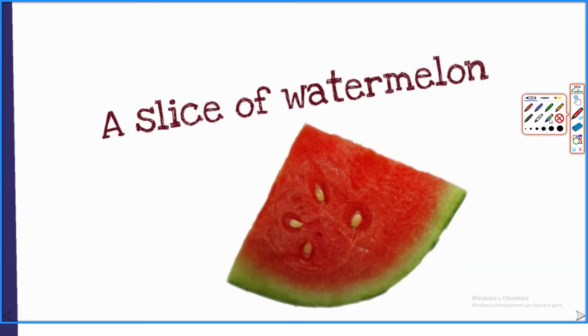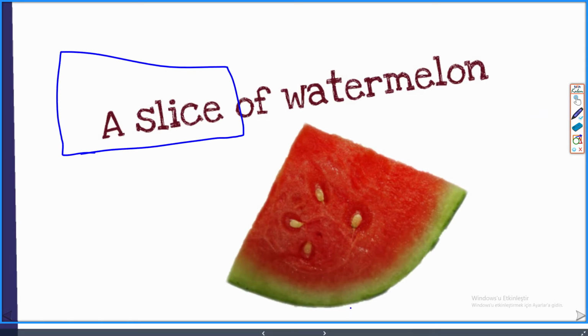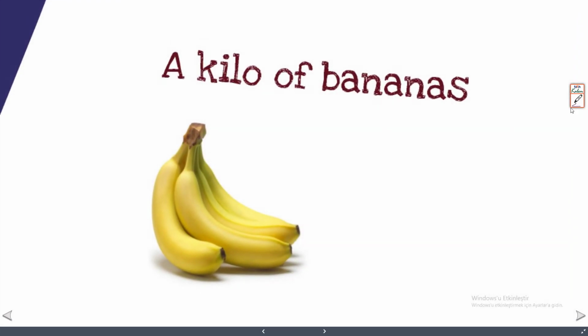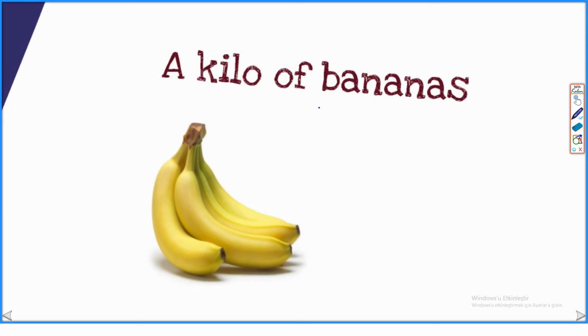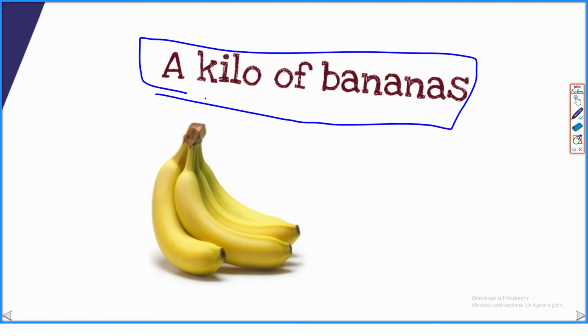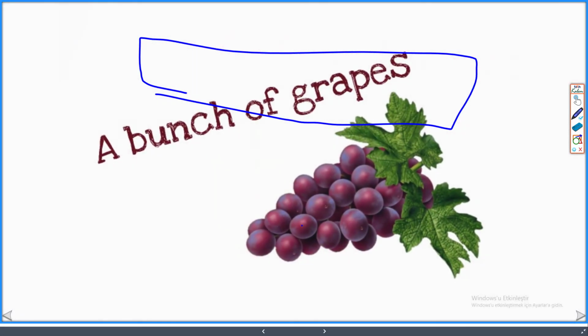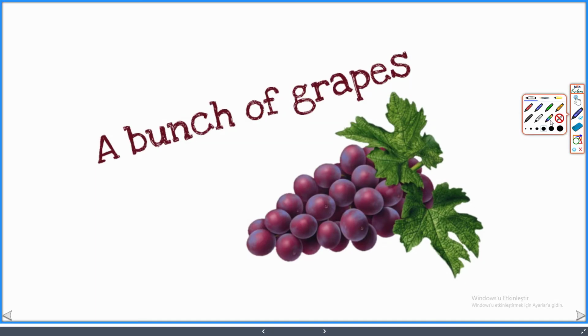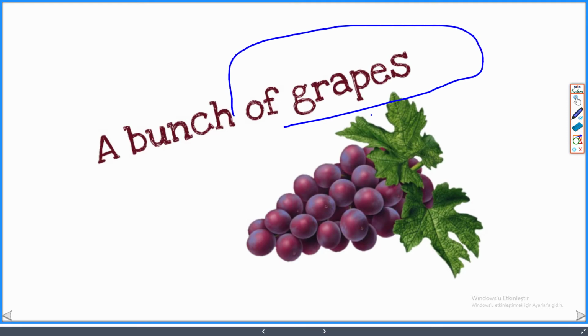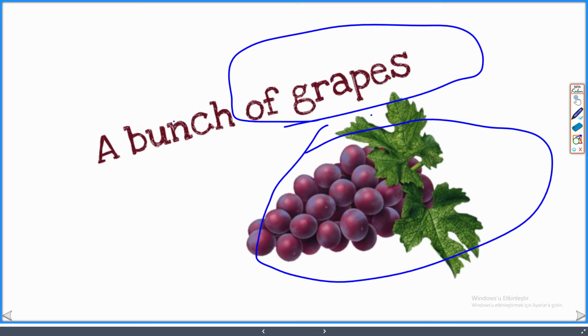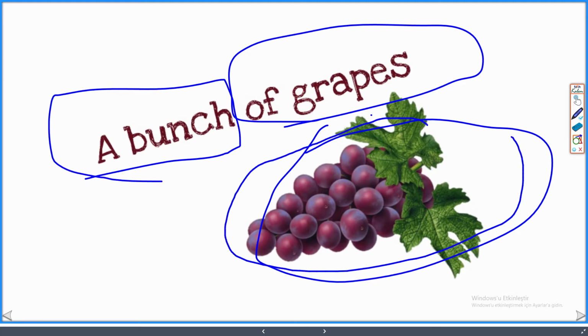I used slice, and in that picture I used a kilo of bananas and a bunch of grapes. This is grapes, guys, and a bunch of means a bunch. It's a bunch of grapes, guys.